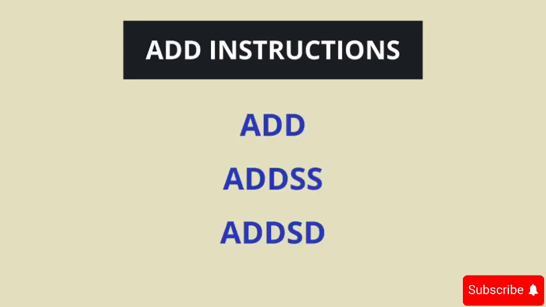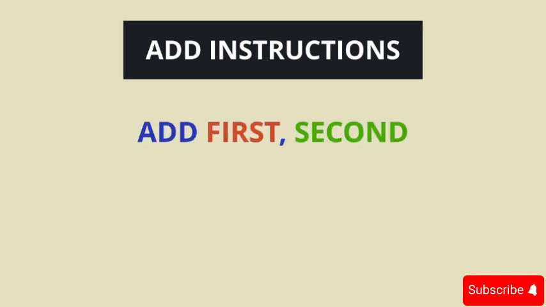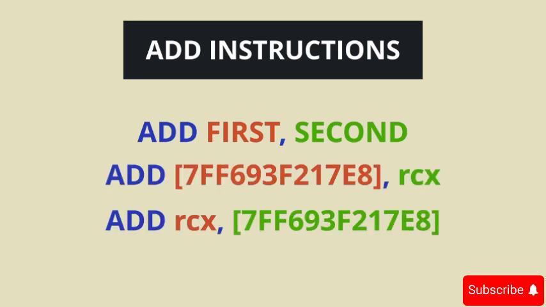Now, we already saw the add instruction before when we were hacking level 1 with code injections. And I just want to point out that, first of all, there's 3 of them. There's the normal add, there's ADDSS and ADDSD again. And again, it's the same thing as the move instruction. We have the integer, the float, and the double. Now, the add instruction can take, again, the first and second arguments. And typically, although this is not the example that we saw before, it is going to be an address and a register, or a register and an address.